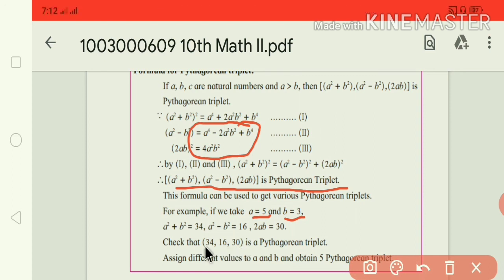So taking the square of that bigger number and then taking the squares of 16 and 30, the addition of those answers is equal to the square of 34, and hence in this manner we should solve the Pythagorean triplets.